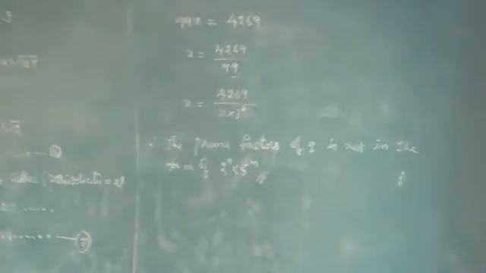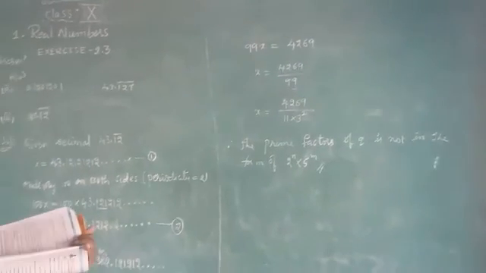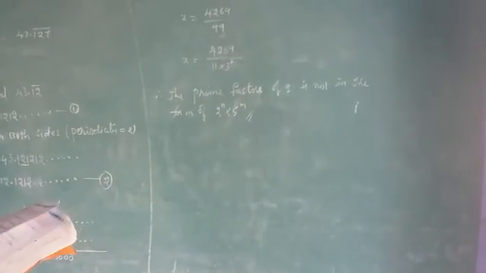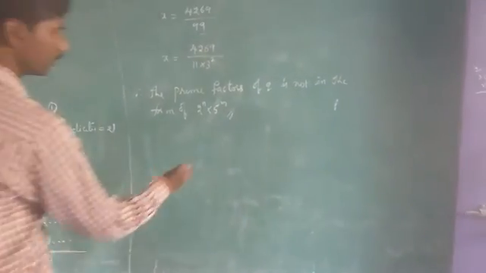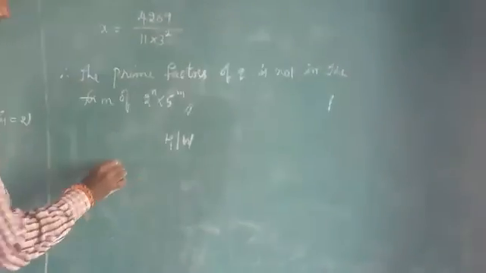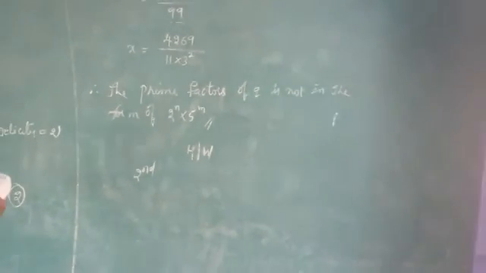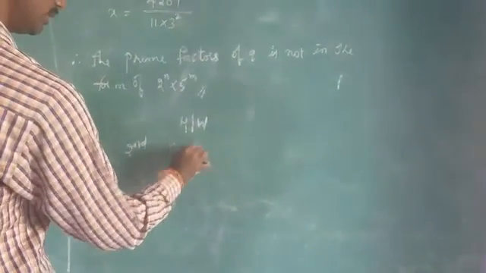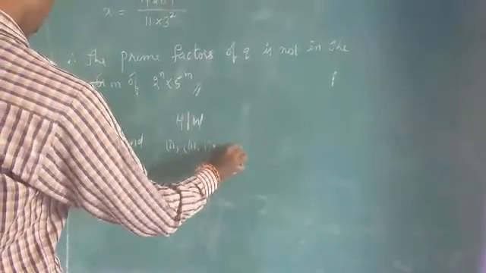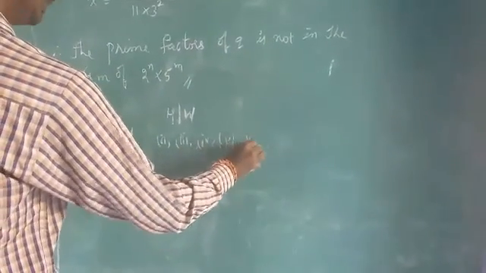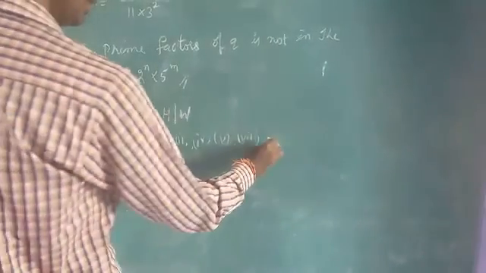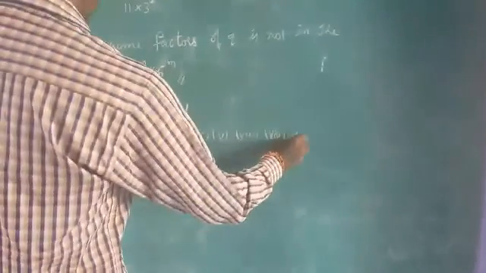So these are the homework problems. In this total, second bit, third bit, fourth bit are homework. In the second bit, I explained only 3 problems. So remaining all: second, third, fourth, fifth, seventh, eighth, ninth.